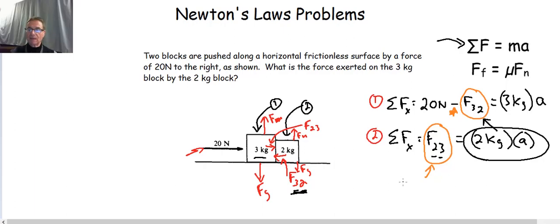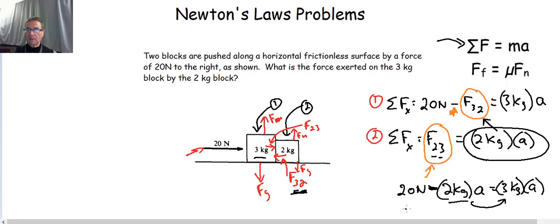Okay, so what we get is 20 newtons minus 2 kilograms times A is equal to 3 kilograms times A. All right, what we can do now is move the 2 kilograms times A over to the other side, and we get 20 newtons is equal to 5 kilograms times A, and A turns out to be 4 meters per second squared.